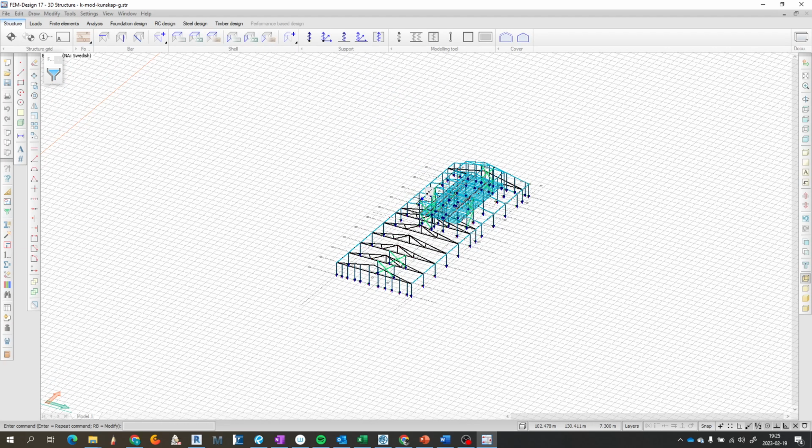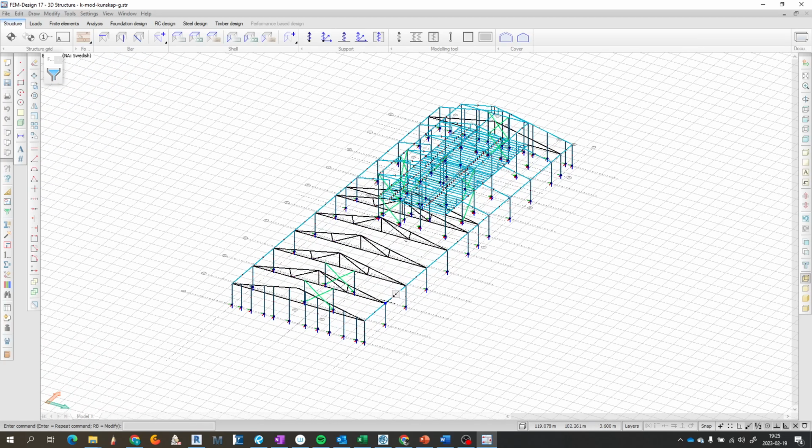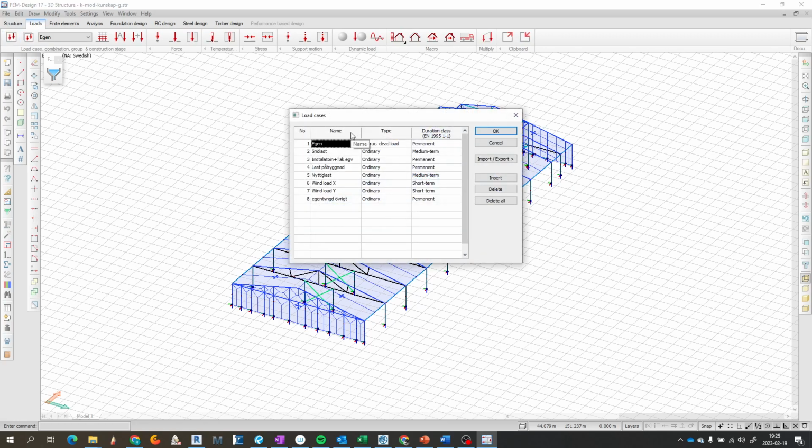Okay, so to see here, for example, the loads that we are talking about, you need to take care about what kind of loads you are going to use for this building. I would like to translate this because these loads are right now in the Swedish language, so I will translate to English.